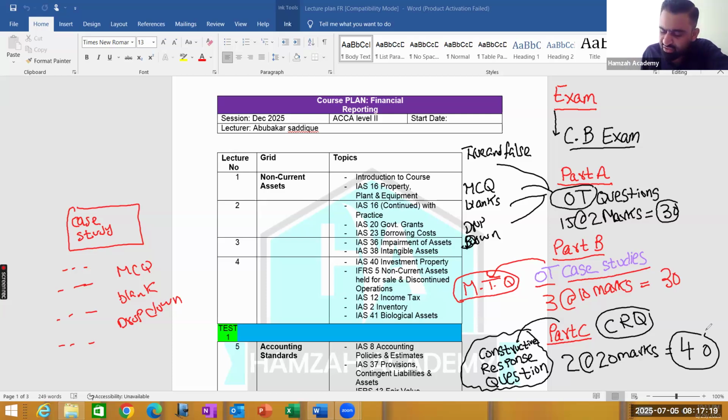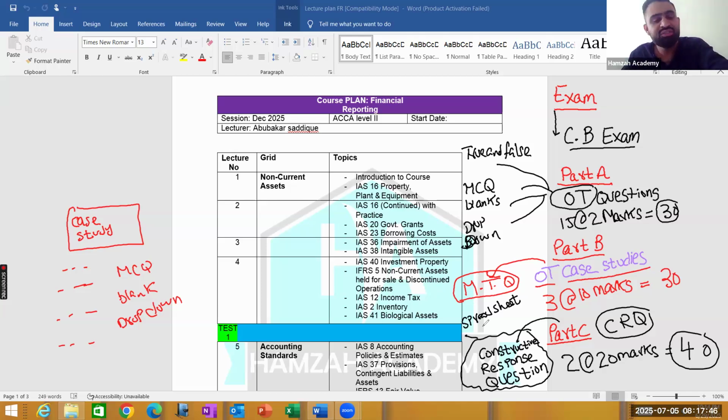And in the constructive response questions in part C, you will have to use the spreadsheet for numeric ones. Numeric questions, like if they ask you to prepare the final accounts, you have to use the spreadsheet, Excel.